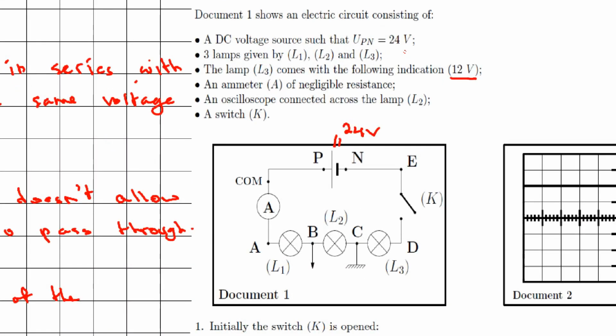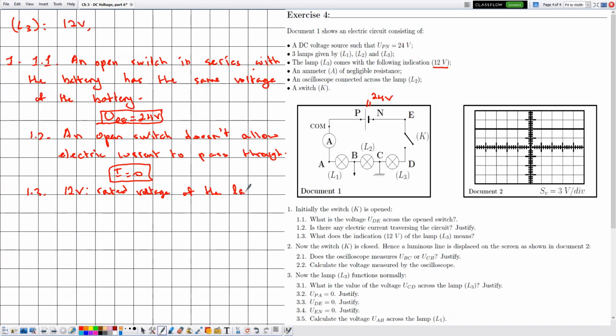Now this indication is for the lamp L3, under which it functions normally. Now in number 2 they are telling me, now the switch key is closed. Let's close the switch.